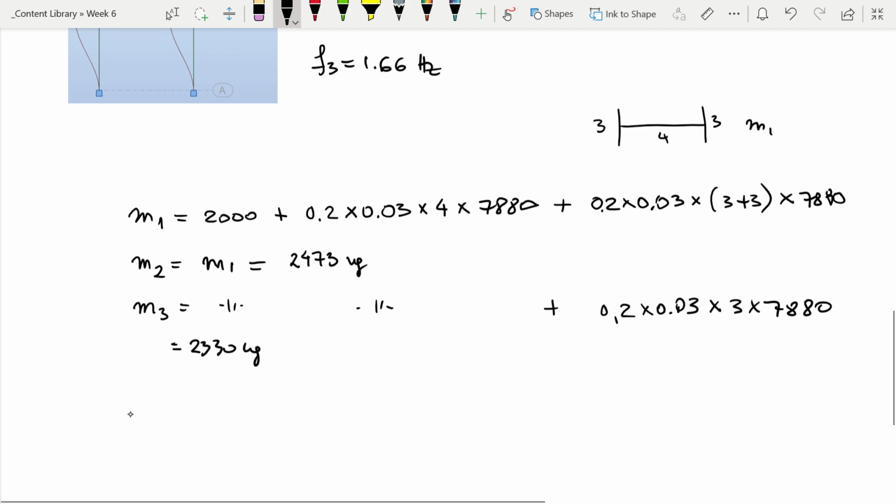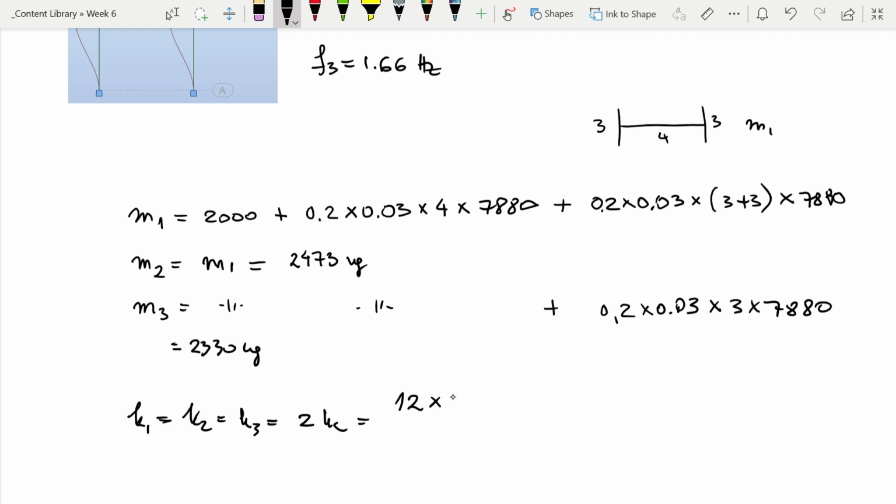Now the stiffness, K1 equals K2 equals K3 equals 2Kc, and each stiffness is 12 times EI over L cubed.